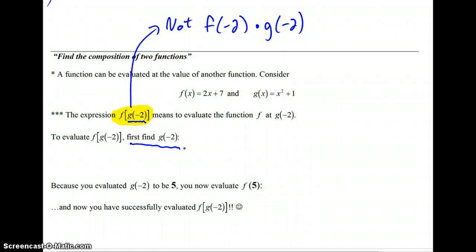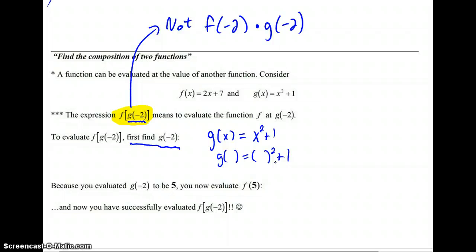Now, back in Algebra 1, I hope you saw this, that g of x was equal to x squared plus 1. Many Algebra 1 teachers do the following here at our school. They'll say g of a blank equals blank squared plus 1. Wherever we have an x, we replace it with an empty parenthesis blank.